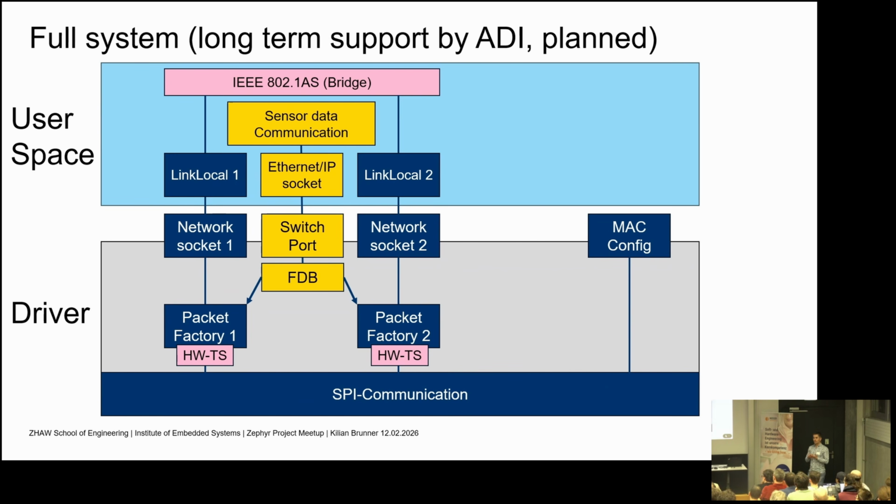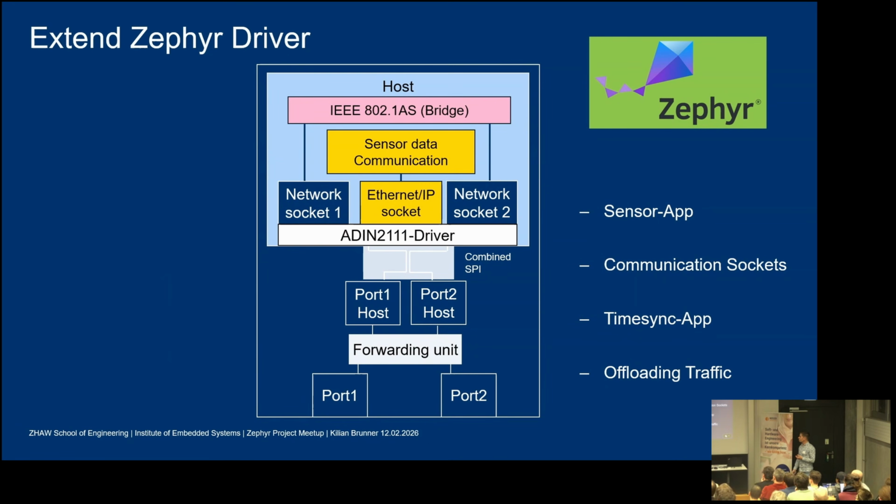So putting these 2 parts together, for our customer, it should look like this in the end. So we would like to have our host CPU, maybe a Cortex M0 or Cortex M4. We would like to have this time synchronization part so that we can trigger measurements exactly on time with sub-microsecond accuracy.